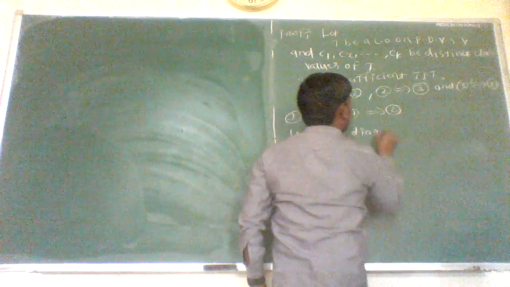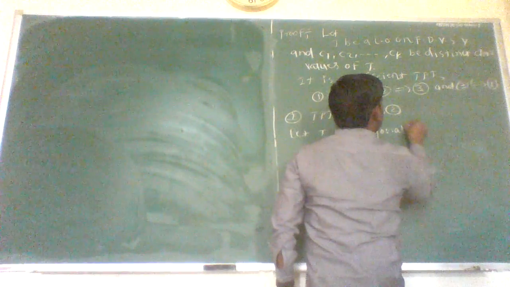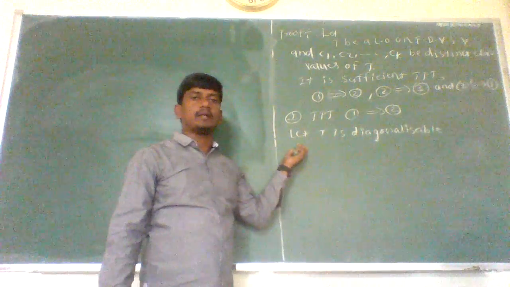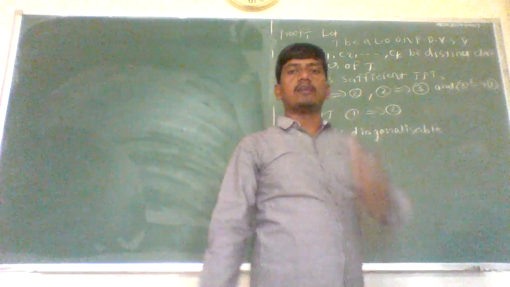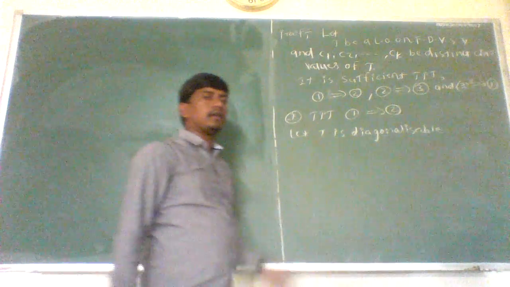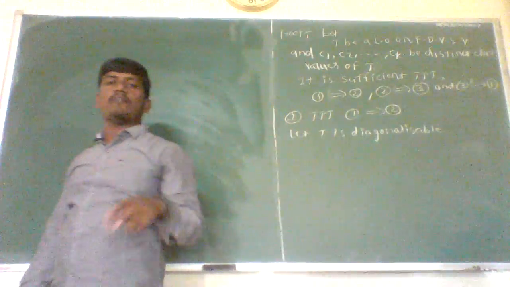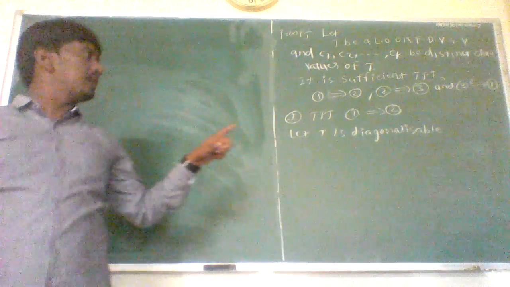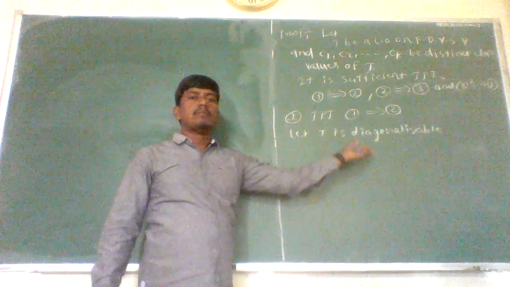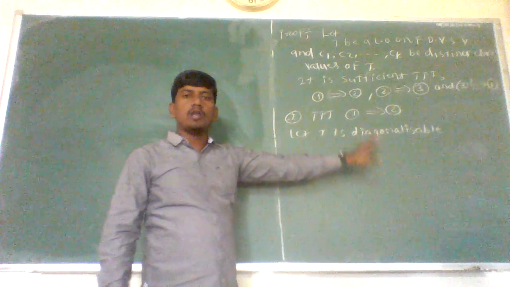As T is diagonalizable, from the definition, an operator T is said to be diagonalizable if there exists a basis B for V such that the matrix of T with respect to B is a diagonal matrix.